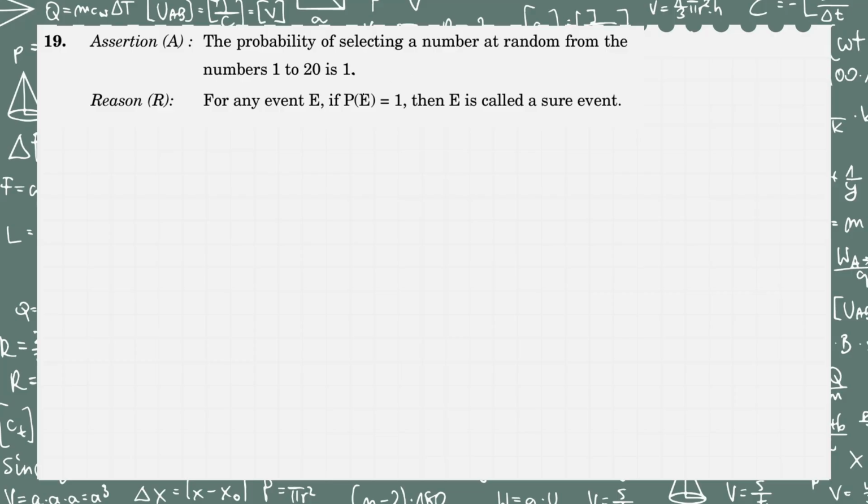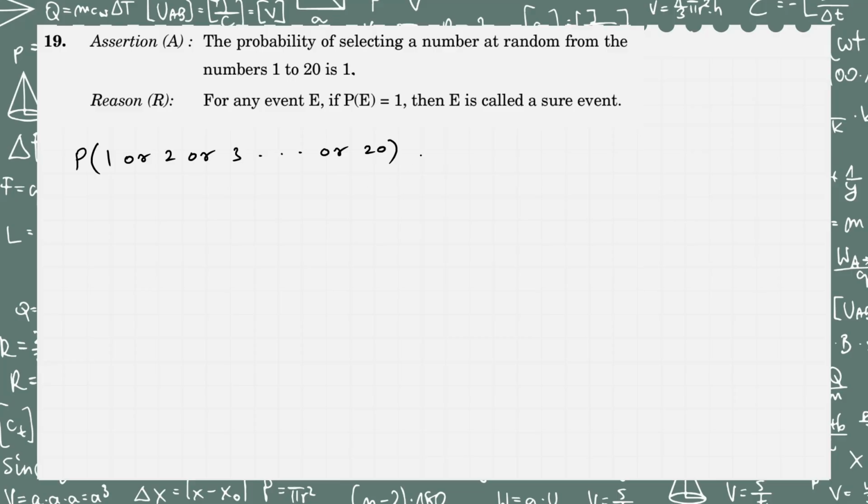But that is true only when they give a particular number, for example, what is the probability of selecting 7 from the numbers 1 to 20, then the probability is 1 by 20. So the number should be given particularly. If they are not giving the number particularly, some random number they are saying, that means the number may be a 1 or a 2 or a 3 or etc.